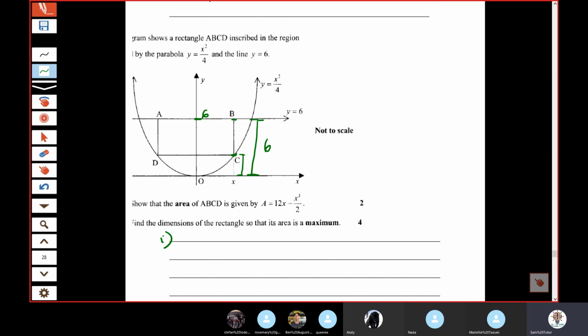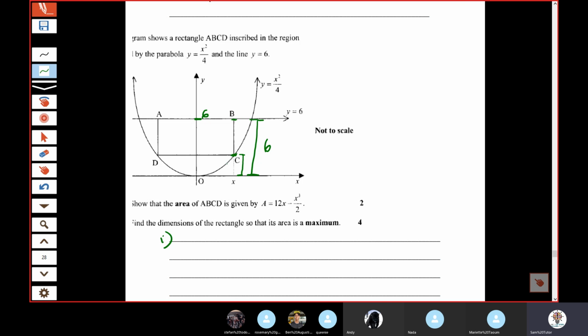6 minus BC. Fair enough. Yeah, but I want to find BC, so I don't want to do it that way. We actually want that length there. It's really not hard. When I say it, you're going to get really angry at yourself. Think. You've got a graph.